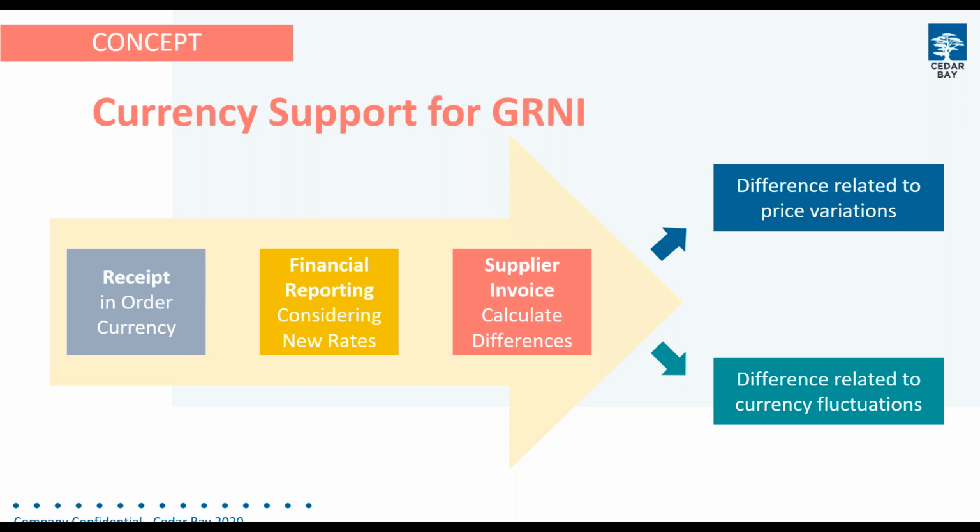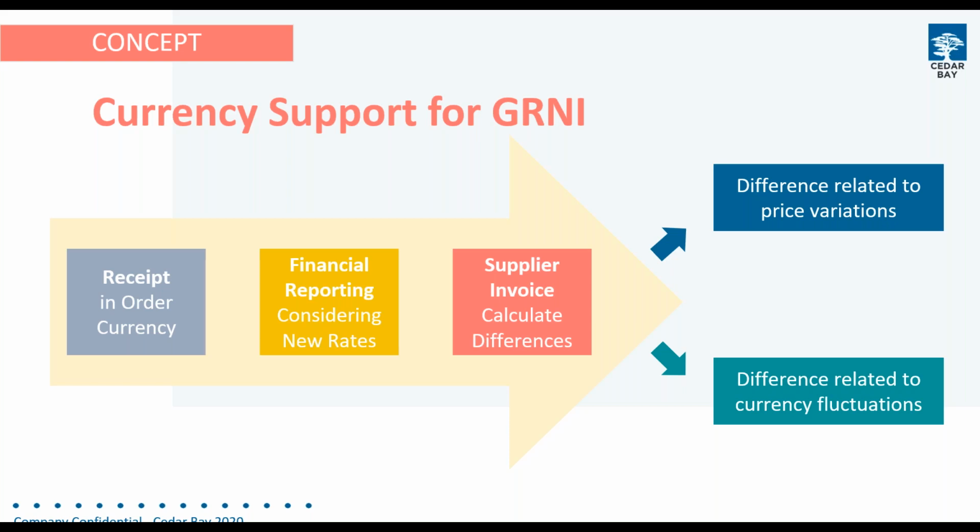Once a receipt has been made in the transaction currency, the financial reporting side would then work in the background to consider these exchange rates. When a supplier invoice is created, the difference is calculated. The difference in price variation and currency fluctuations are then taken into account.